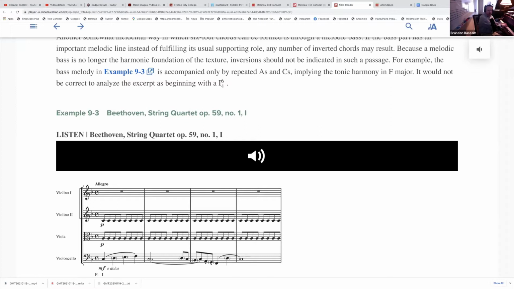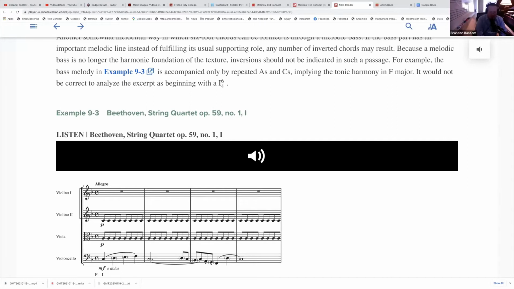Maybe. That was rough. Sounded just like a cello, didn't it? That was adequate. All right.